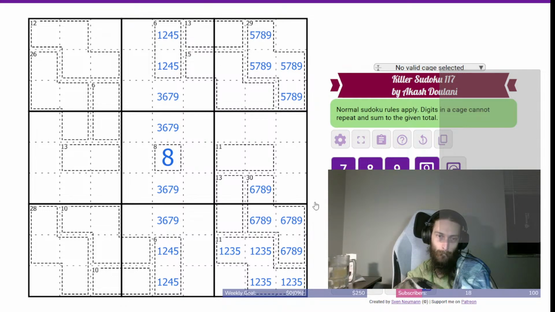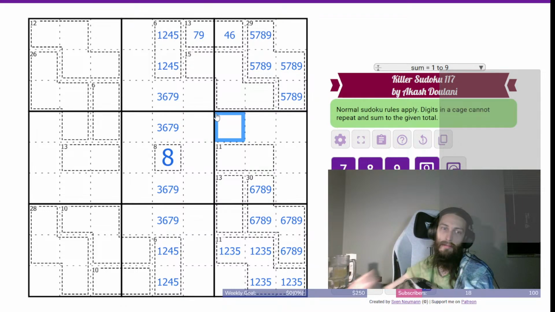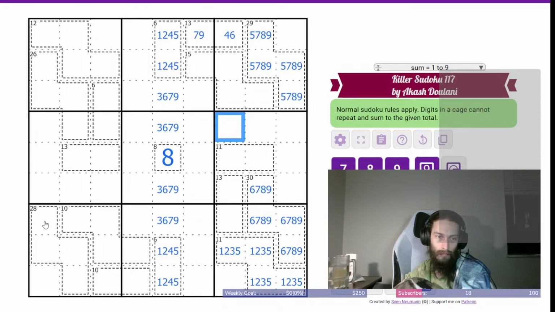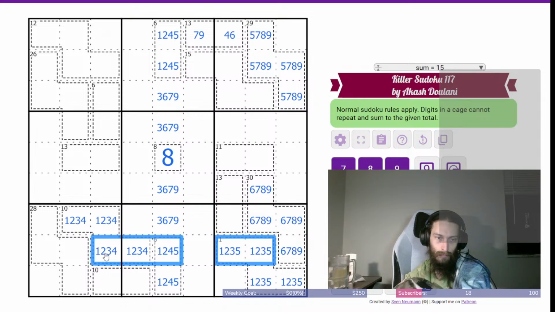All right, the 13 cage between boxes 2 and 3, the right hand side, yeah, can't be 5, 7, 8, or 9. Oh, there's a 10 cage right next to that. Row 8 has, yeah.